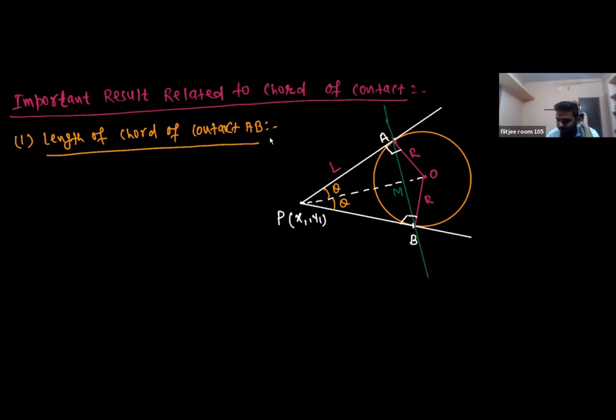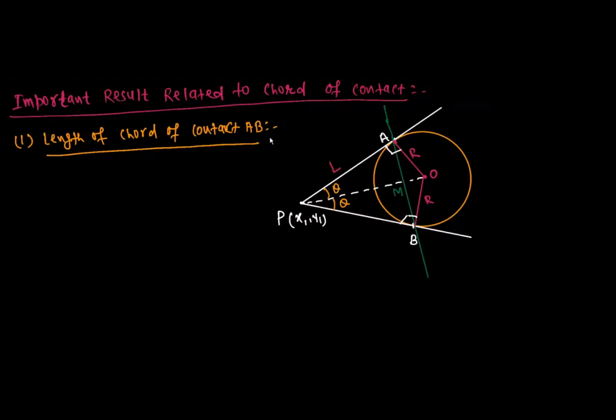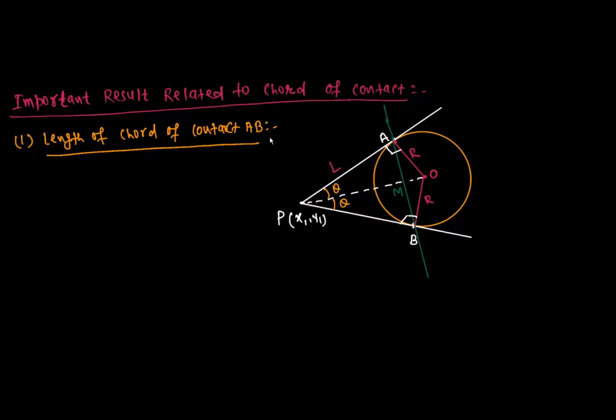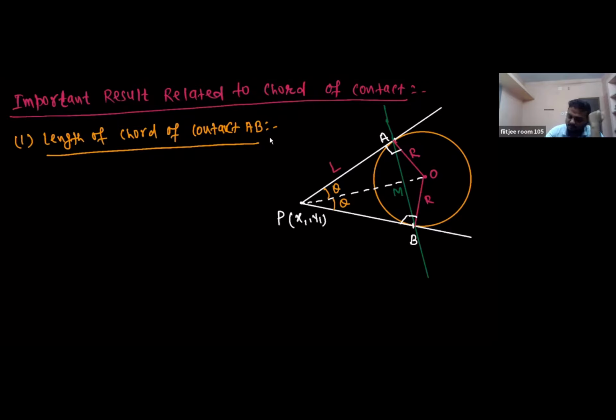We know that when a line is drawn from the center to a chord, if it bisects the chord, it is also perpendicular to the chord. So it is very simple. It bisects AB, which means it is also perpendicular, so this is 90.